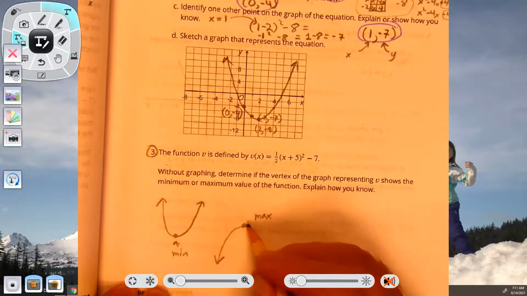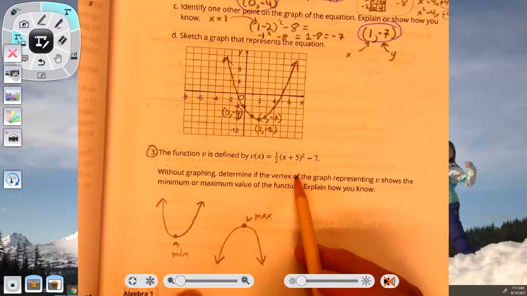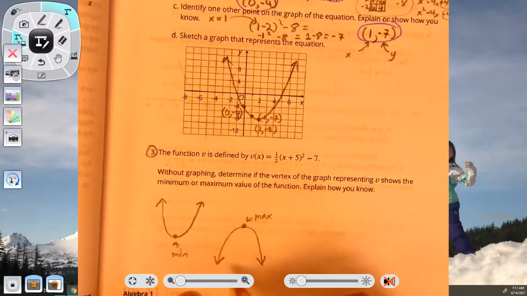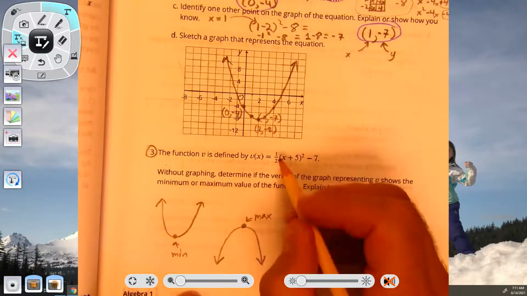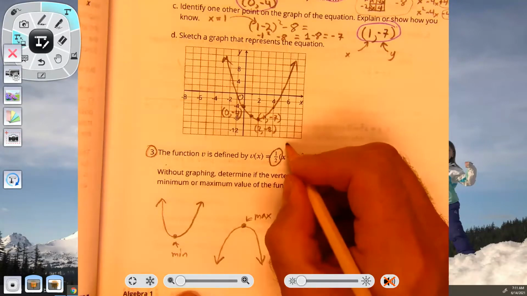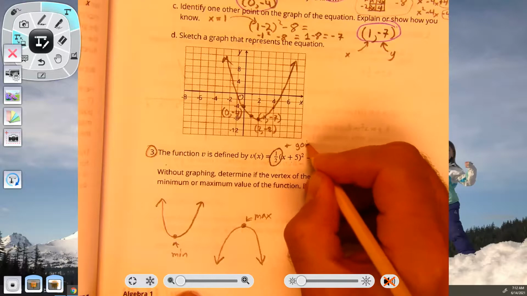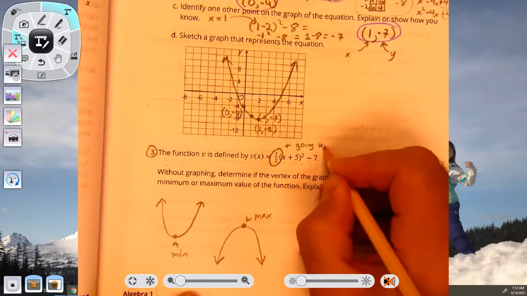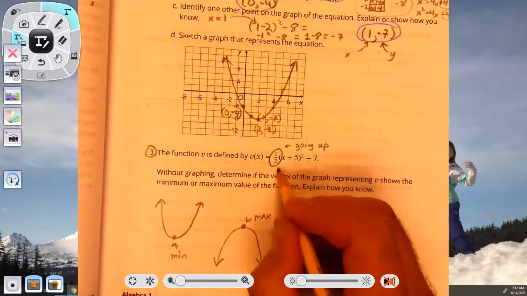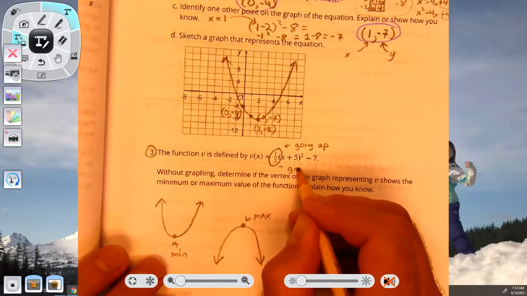Okay, so what we want to figure out is, does this show a vertex going up or a vertex going down, right? And this number right here tells us. If this number is positive, which it is, then it's going up or opening up. If it's negative, then it's going down.